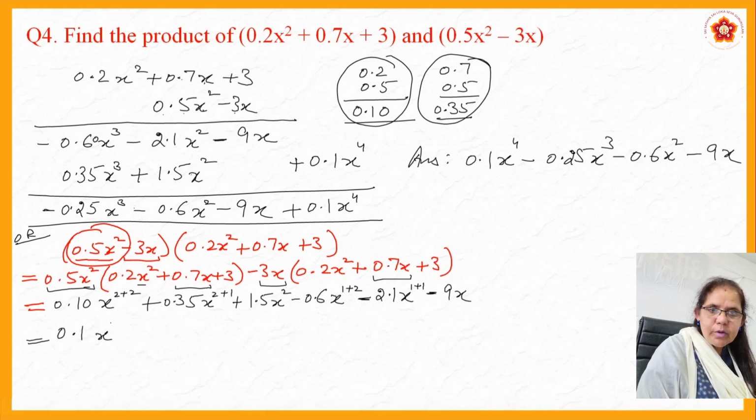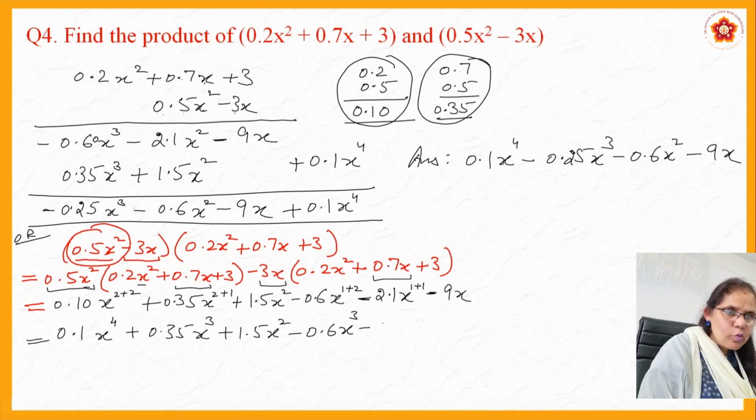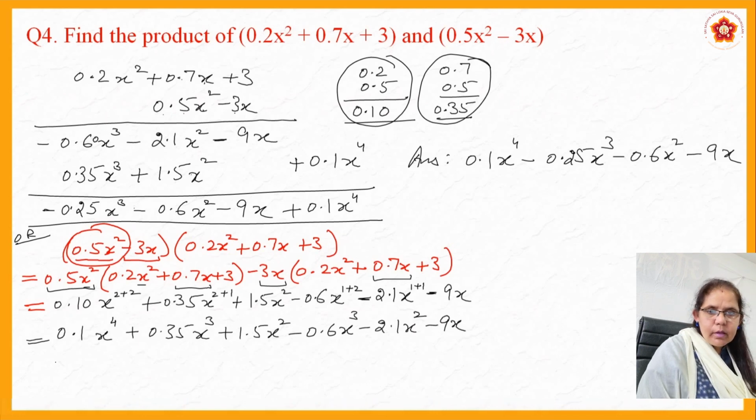0.1x raised to power 4 plus 0.35x raised to power 3 plus 1.5x square minus 0.6x cube minus 2.1x square minus 9x. x raised to power 4, only one term is there, so we will just write it, 0.1x to the 4. x cube, this is one term and this is the second term.